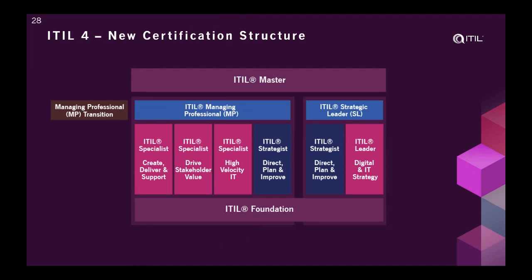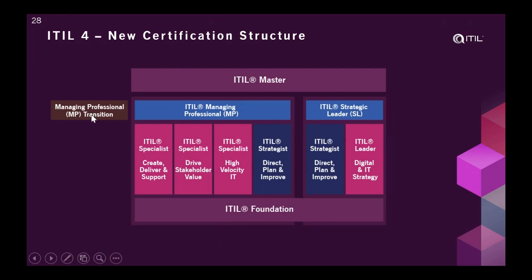If you get both of those, I'm not sure if there's going to be some other thing you have to get, but that will lead you into the ITIL Master. So the ITIL Master is the ultimate at the top. There was talk originally that there'd be some kind of final thing you have to do to get it, but I'm not 100% sure at the moment, and I apologise for that because I should know, but I don't.